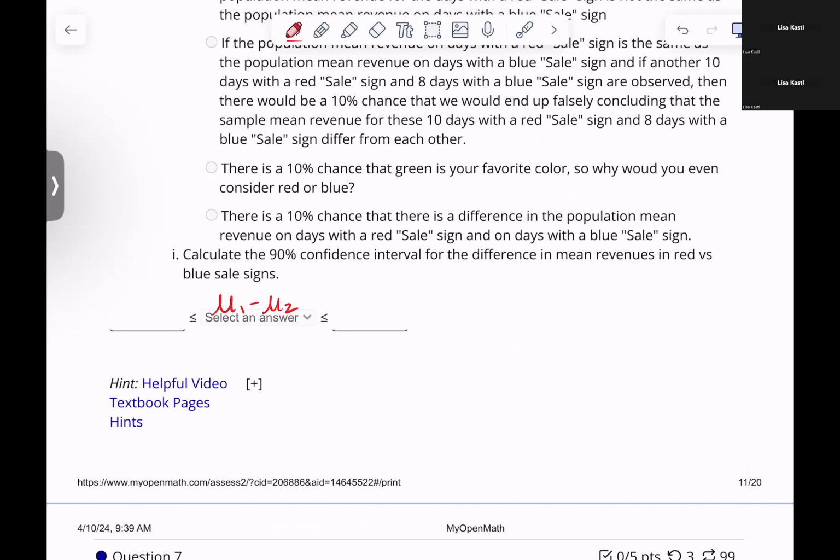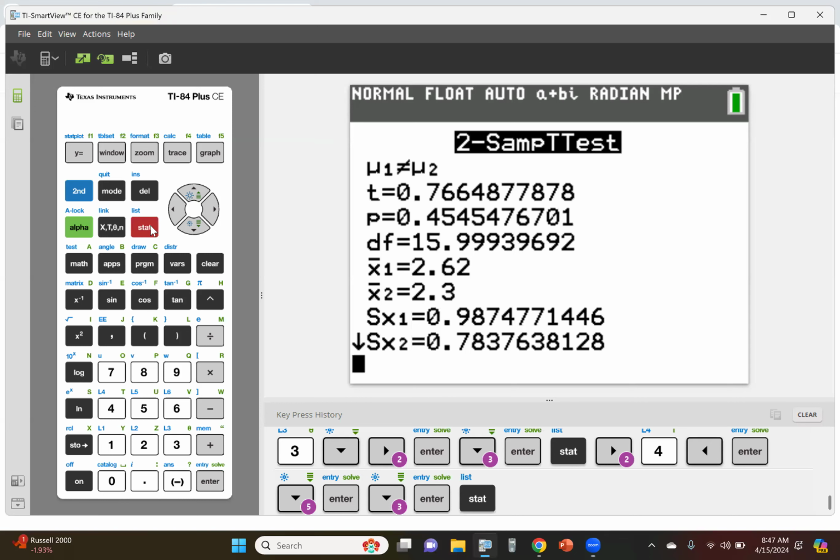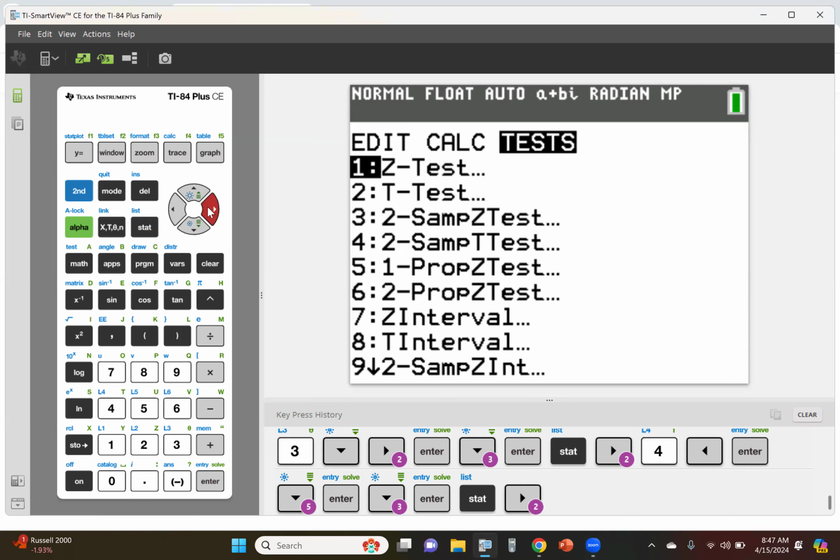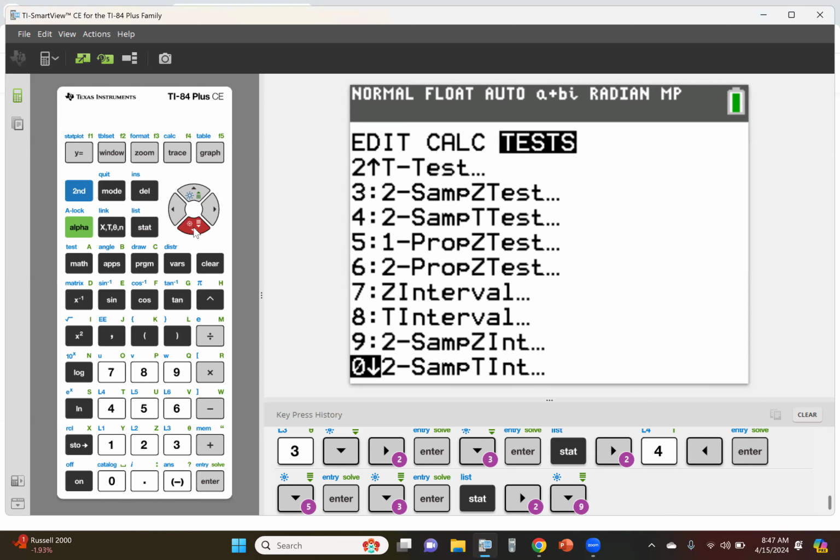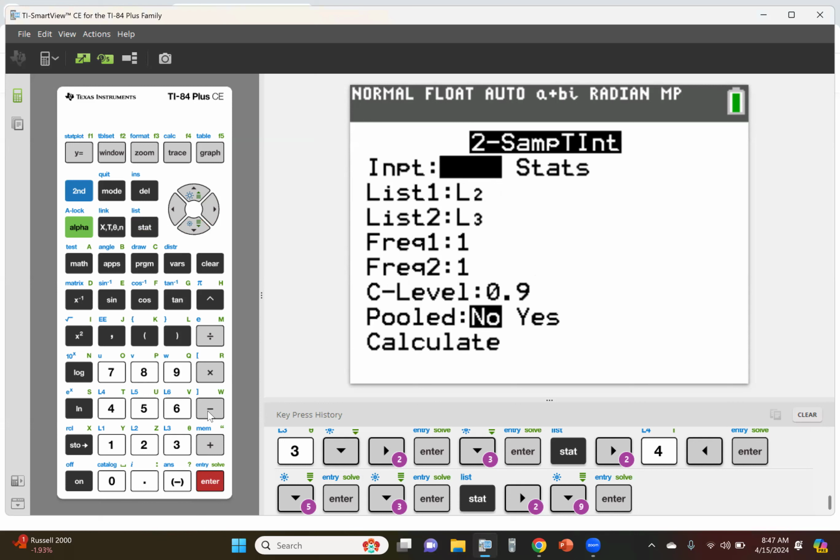Let's go back and decide which one we use. A 2-sample t interval, is that what we're using? On our data, correct? L1 and L2 is where I put mine.